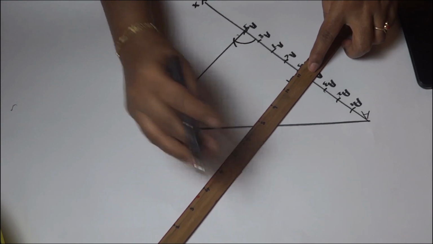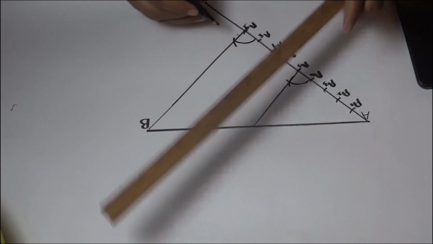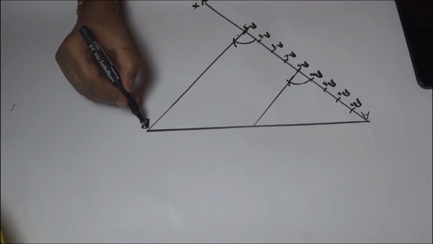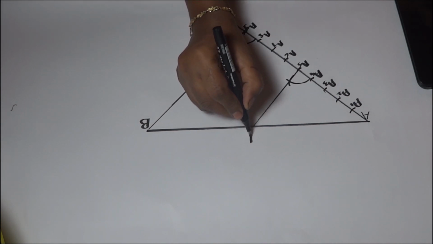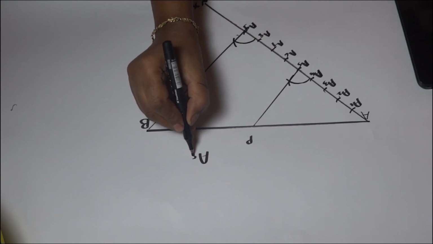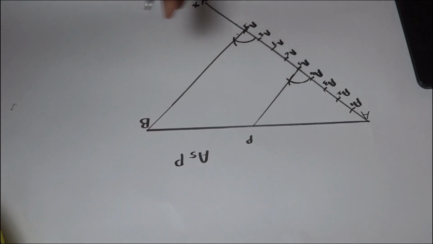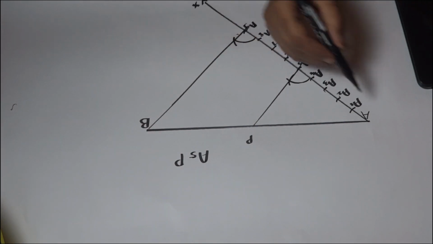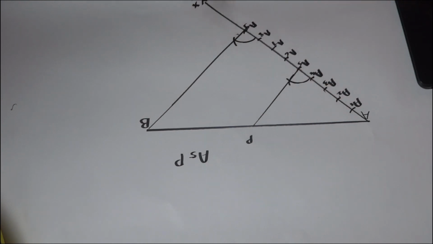This will give us the line parallel to the line joining A9 to B. Let us call this point as P. Now A5 P is the partition which is dividing this line segment AB into the ratio 5:4.